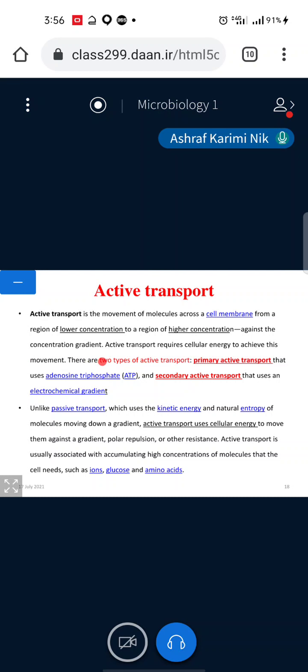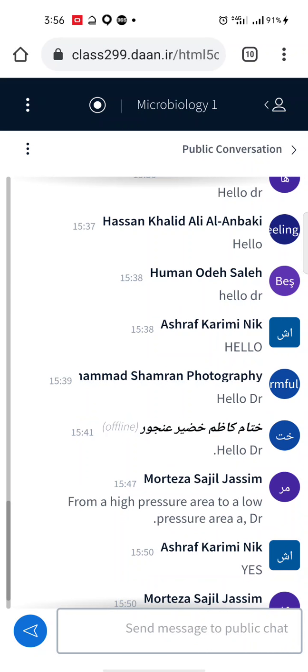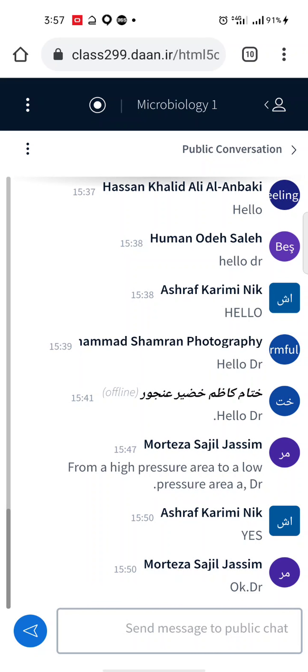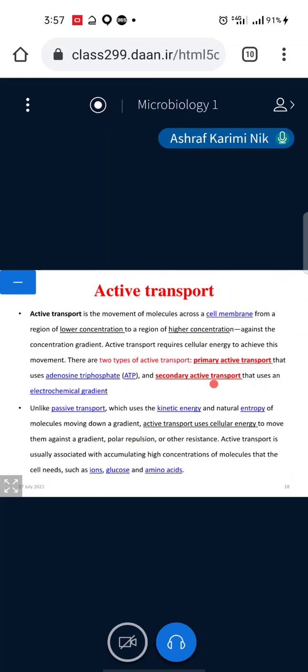There are two types of active transport: primary active transport and secondary active transport.